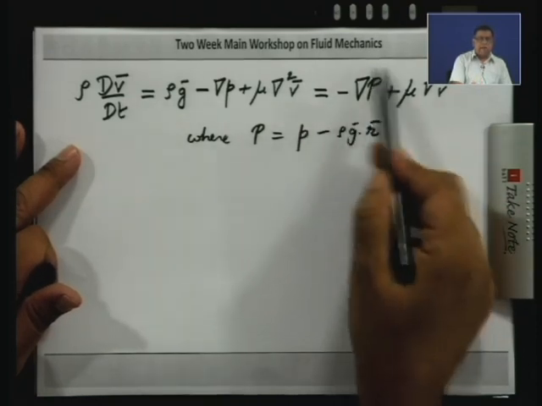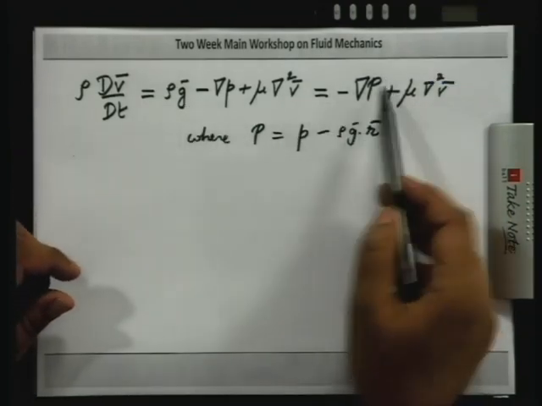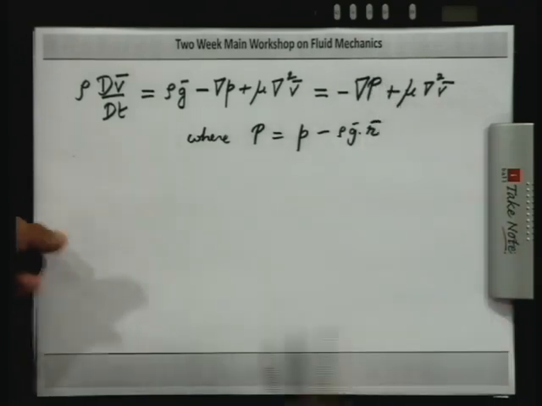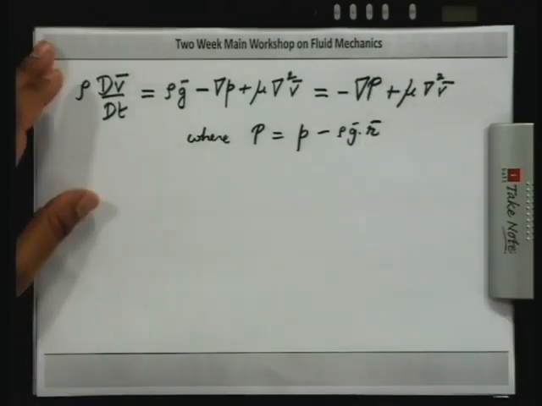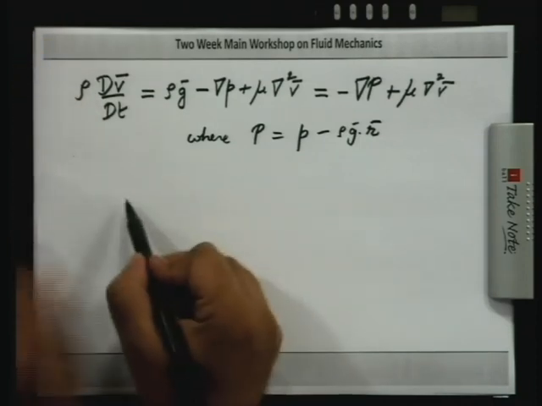So, now you have one less term on the right hand side of the equation to deal with, that is, the effect of gravity has been clubbed with the effect of pressure. So, this is a form which we will use to find the solution for the flat plate.